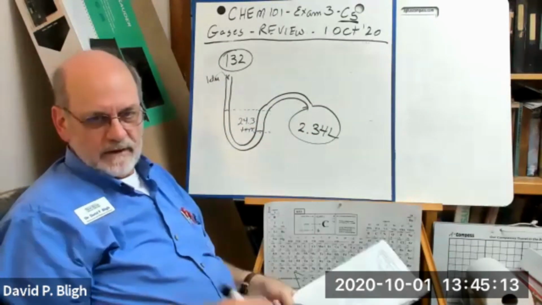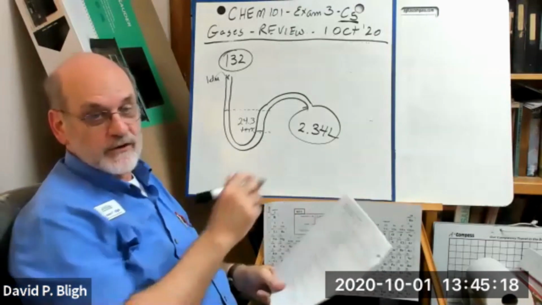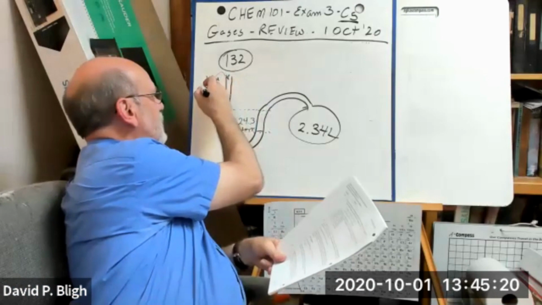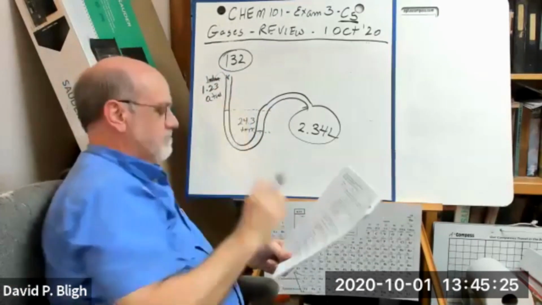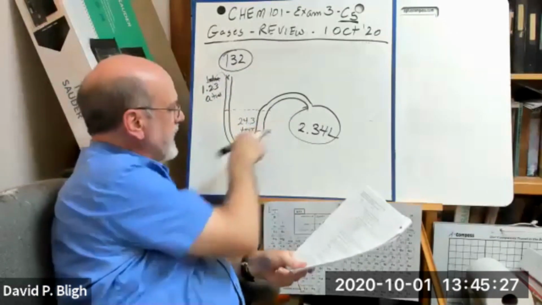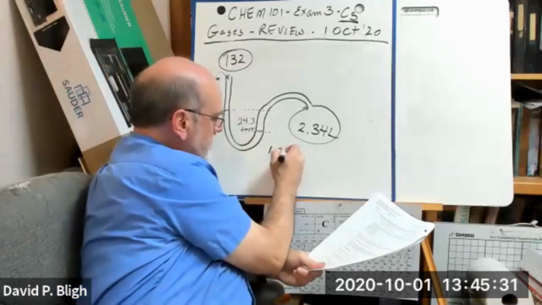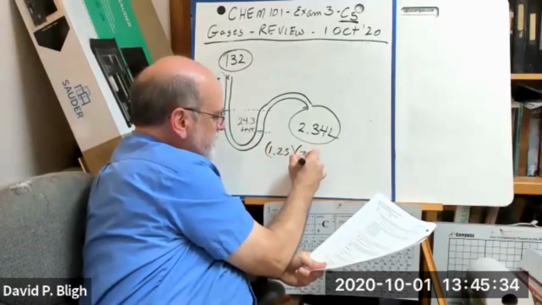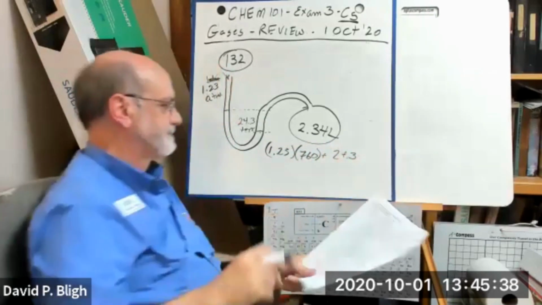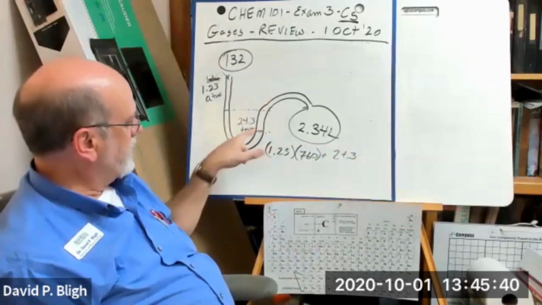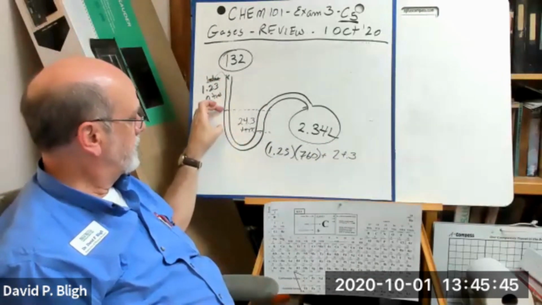So if you're on the Dead Sea, the atmospheric pressure is 1.23 atmospheres. So what's the pressure of that gas? It's 1.23 times 760 plus 24.3. Right. The pressure in here has to oppose atmospheric as well as the weight of the mercury.